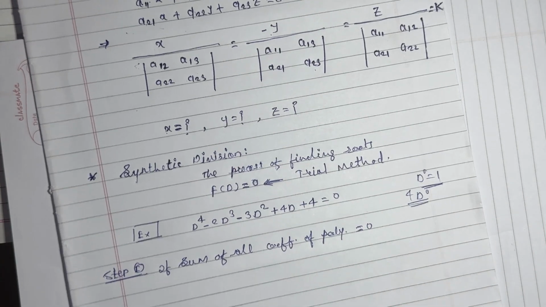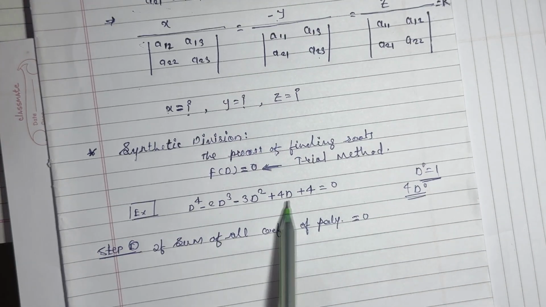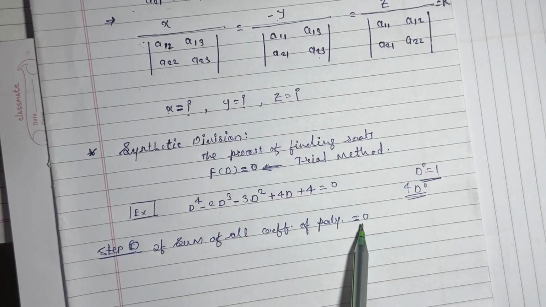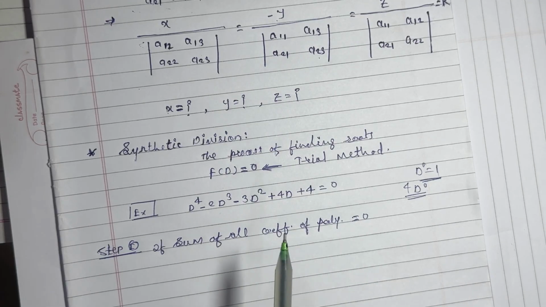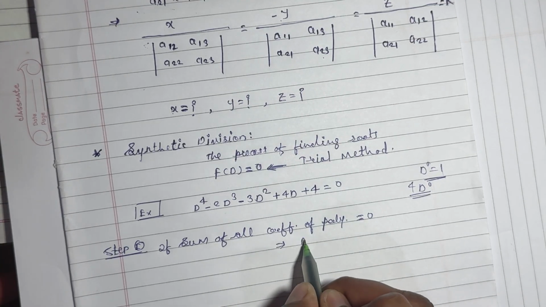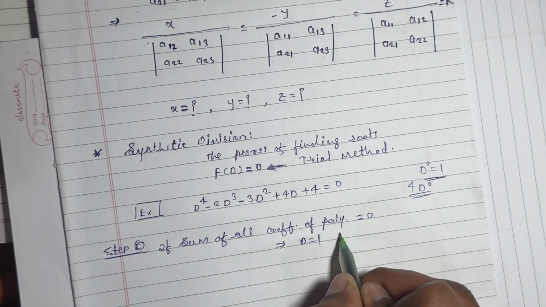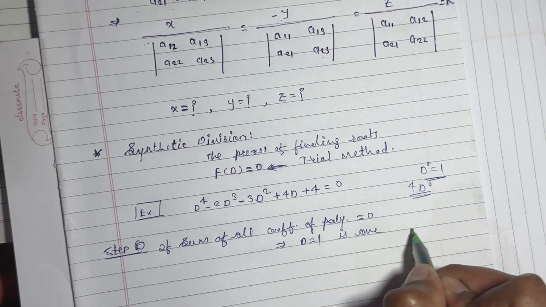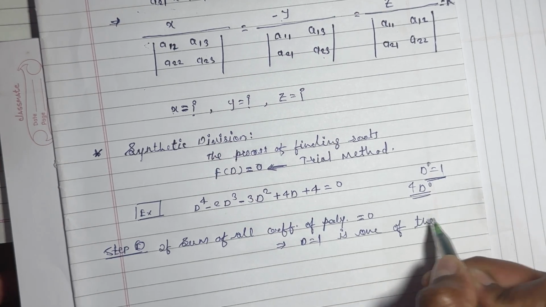If we add all the coefficients and the sum goes to 0, we write d equal to 1 as one of the roots.